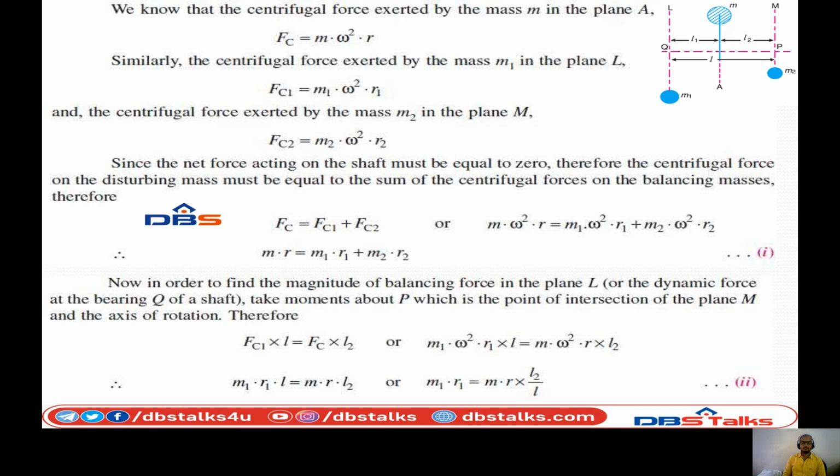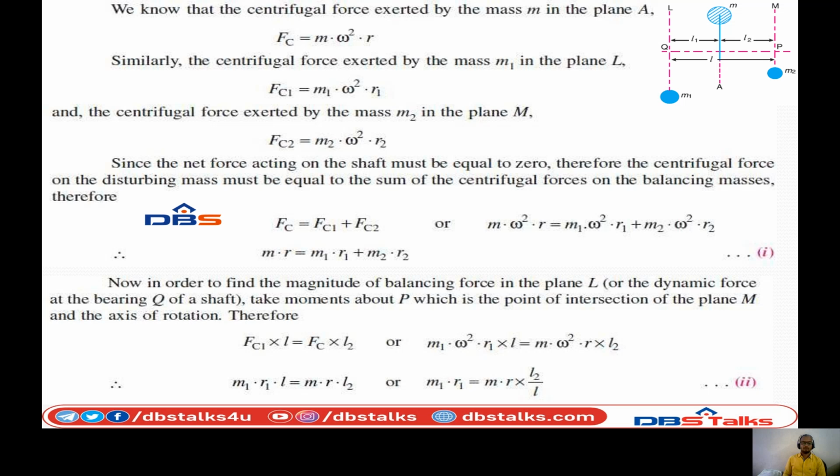Now, in order to find the balancing force magnitude in the plane L, or the dynamic force at the bearing of the shaft Q, we take the moments about P, which is the point of intersection of the plane M and the axis of rotation.